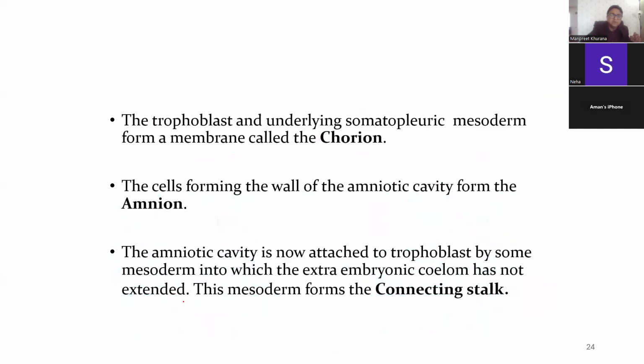Now, we have already seen what is chorion. Sometimes there is a question, there was a question which I have seen. Let me just show you. What is chorion? The trophoblast and underlying somatopleuric mesoderm. Let's see.